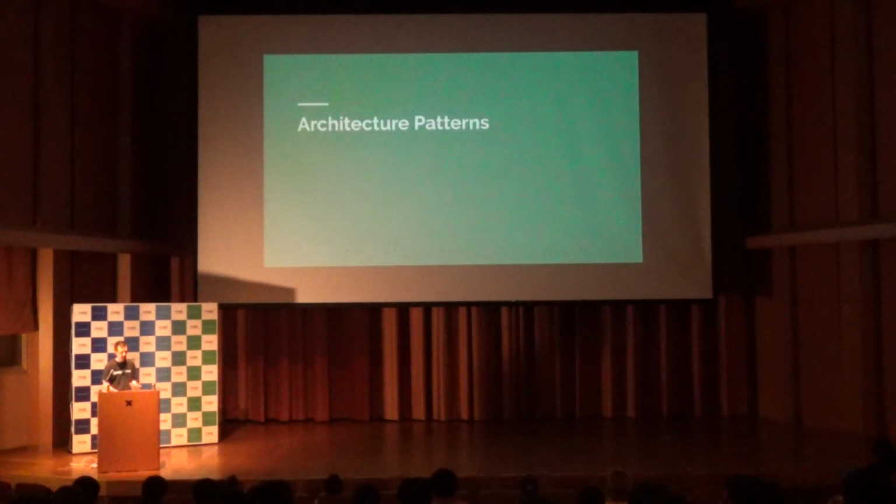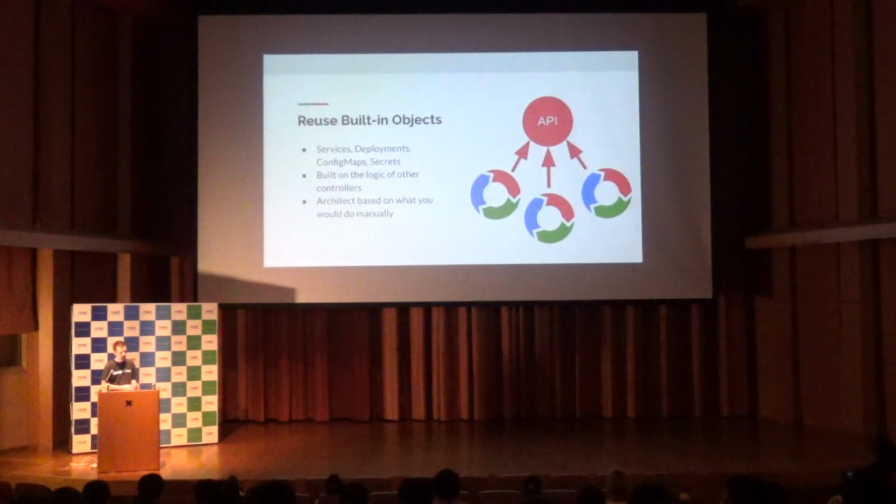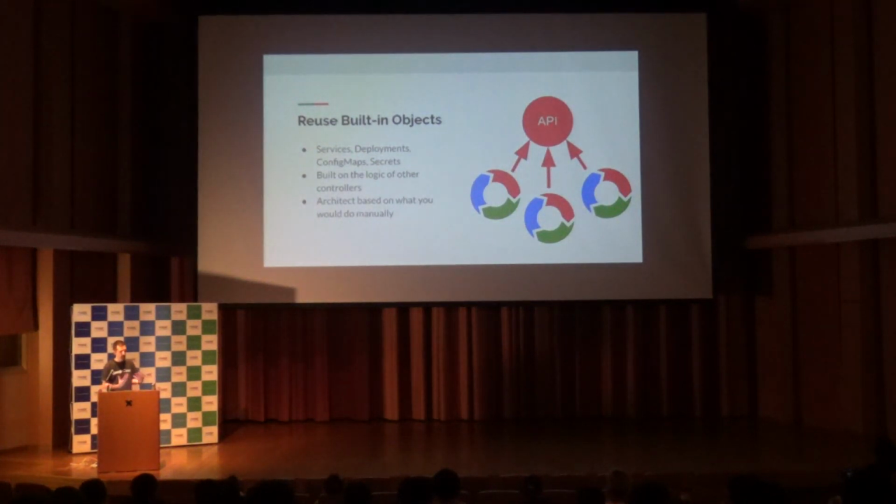So some of the architecture patterns that you see in real life include reuse of the built-in objects. As part of your controller's architecture, you might reuse things like deployments, services, or config maps in order to deploy some sort of application.